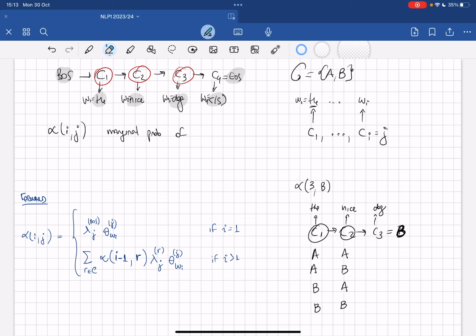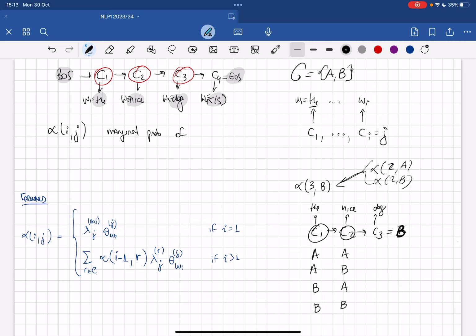Now the interesting thing is that we're going to be able to express something like alpha 3b using a function of alpha 2a and alpha 2b, by combining these numbers plus a few other things.